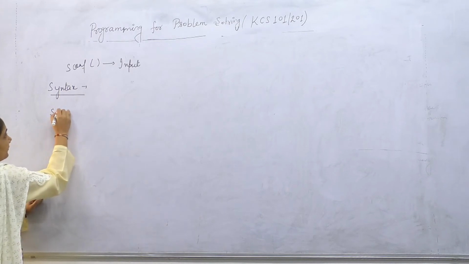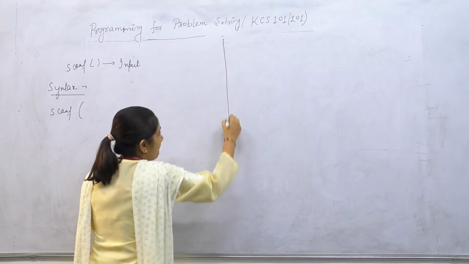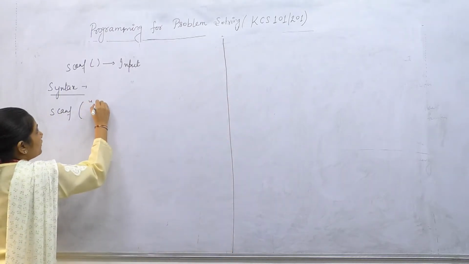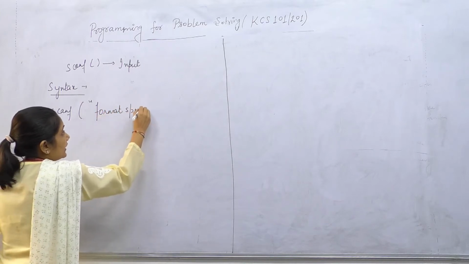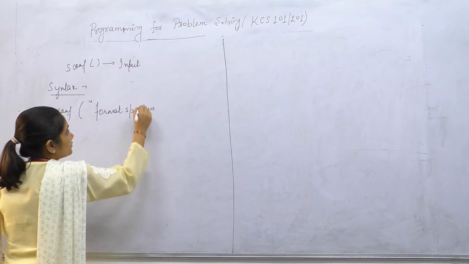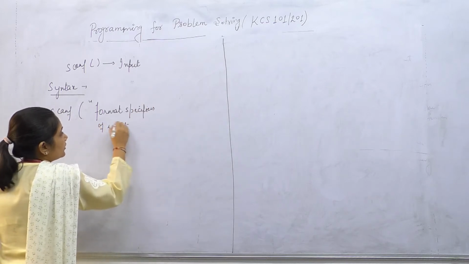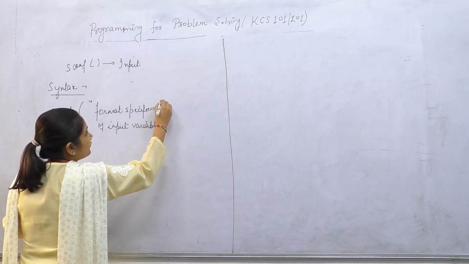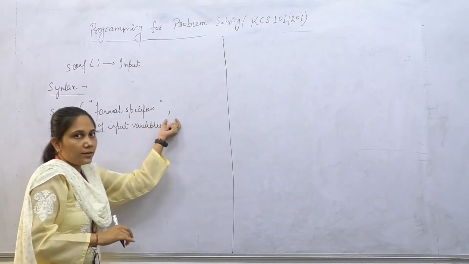Now see, scanf. What can we do in that scanf? We can simply write format specifiers in double quotes, format specifiers of input variables. Whatever input variables there will be, we have to take the format specifier of all of them here, then double quotes close, comma.